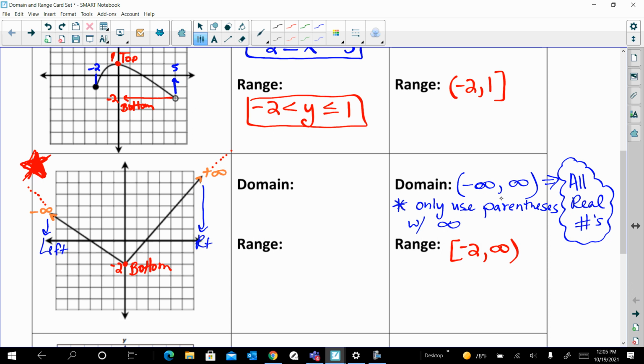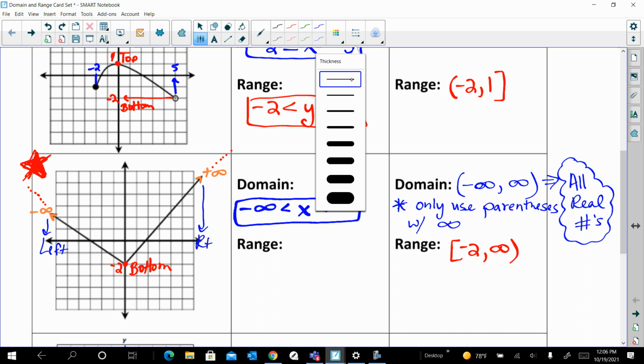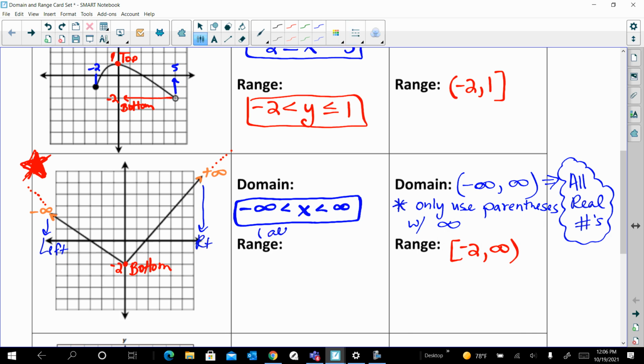If I was doing an inequality, my domain would be -infinity is less than x, which is less than positive infinity. And just remember, anytime I see a negative infinity to a positive infinity, that is all real numbers. Now, the range is different, okay?